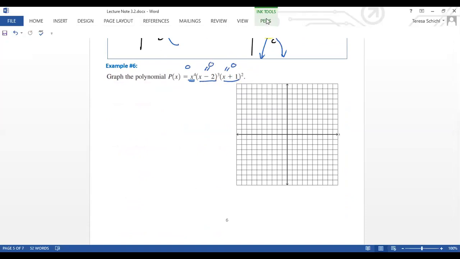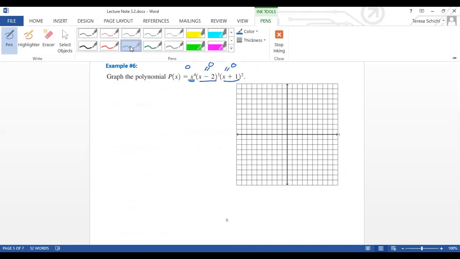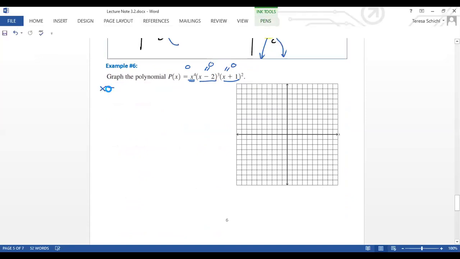So I know the value of x here: x equals 0. And what is the multiplicity here? m is equal to 4. And x is going to equal what? 2. What is the multiplicity here? It's 3. And x equals -1 here. The multiplicity here is 2, right?